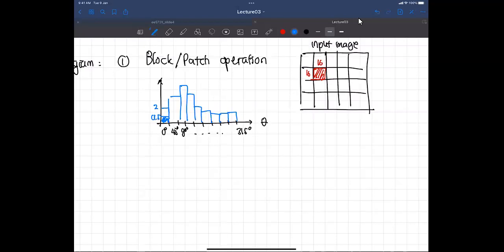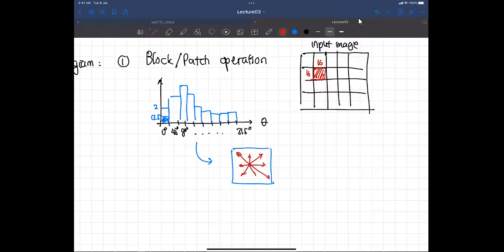Any questions here? So if you draw this histogram in arrows, the arrows refer to the direction. Then for that 16 by 16 patch, you will have very different arrows there. The arrows actually represent the magnitude of each bin.